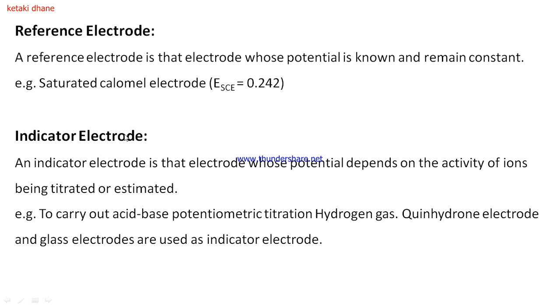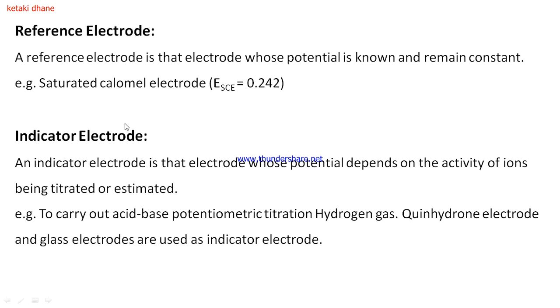Now a second type of electrode is the indicator electrode. As the name suggests, it is used for measuring the potential of another electrode. It is an electrode whose potential depends upon the activity of the ion being titrated or estimated.